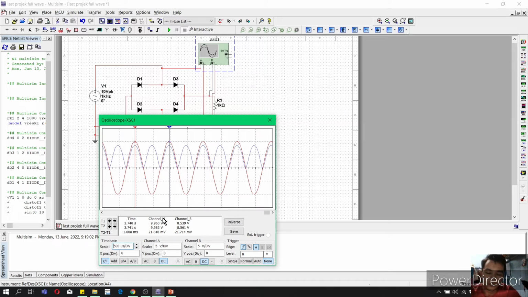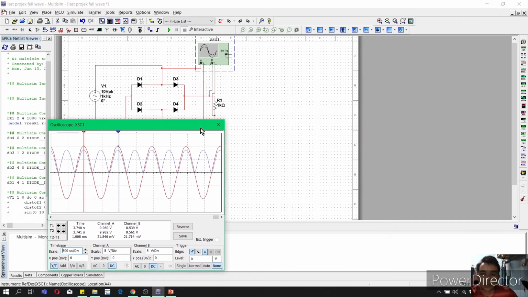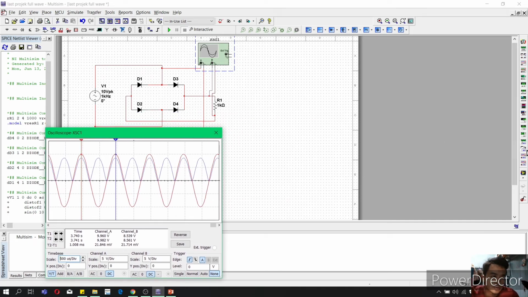Next, with the value of the period, we can find the frequency using the formula 1 over T. So the frequency is 1 kilohertz. Besides, it can also be measured using the Tektronix oscilloscope.